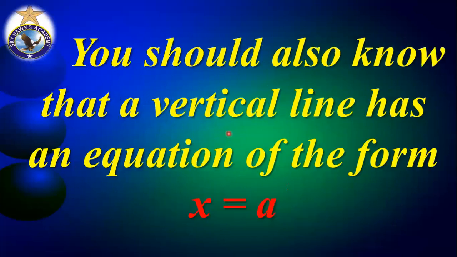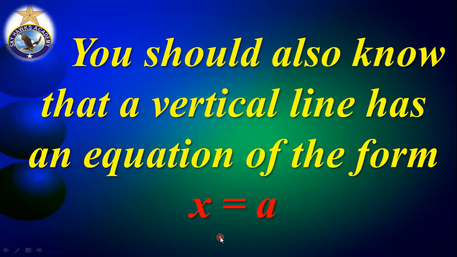You should also know that the vertical line has the equation of the form x = a. So that is all about that story. If the line is vertical, then the equation is x = a. So from here, we can say if the line is parallel to the x-axis, y = b.